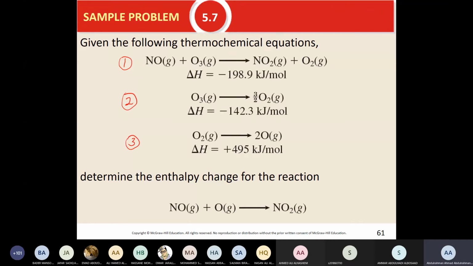Now, if I take the first reaction and write it as it is, I will write it on this side. Let me erase this.